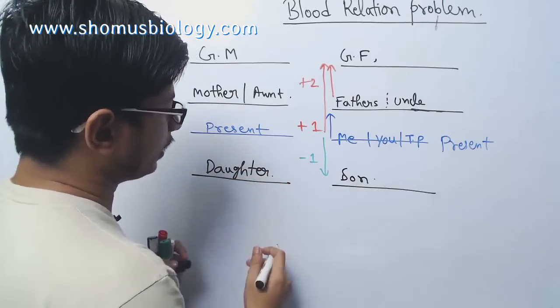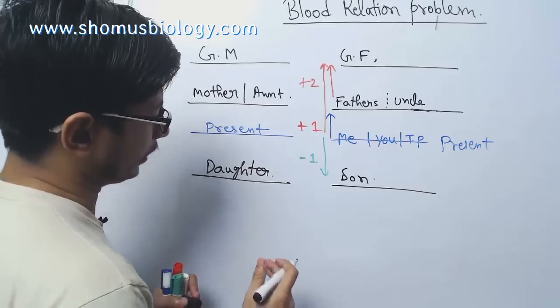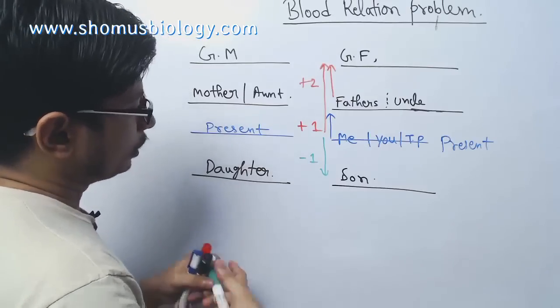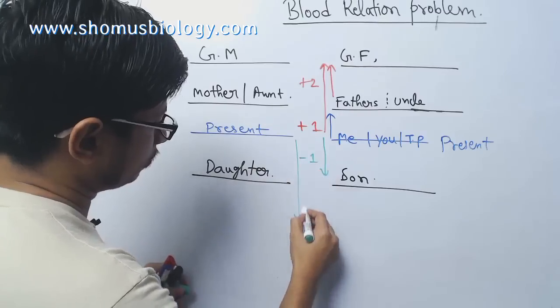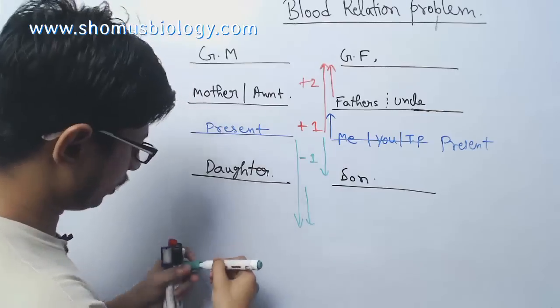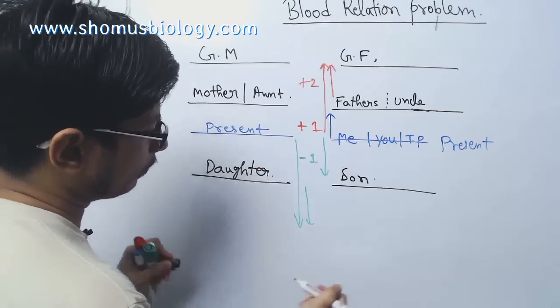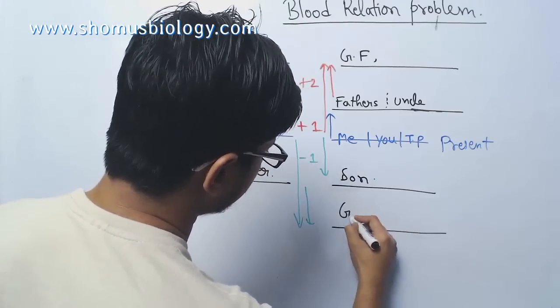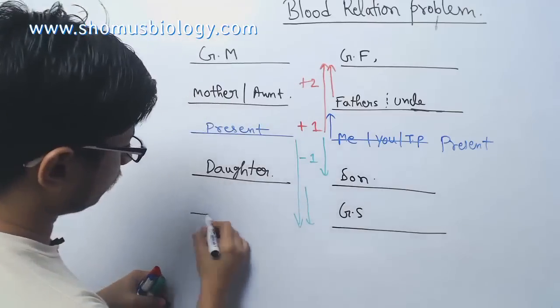Similarly, among this son and daughter, they have their brothers and sisters linked. If you go two generations down, then we will have grandson and granddaughter.